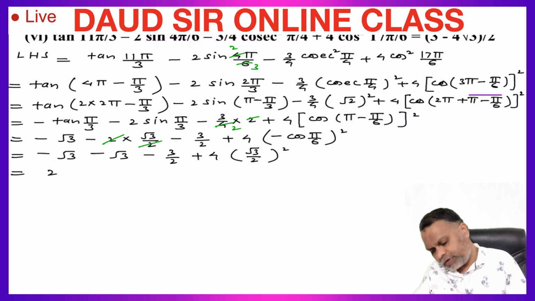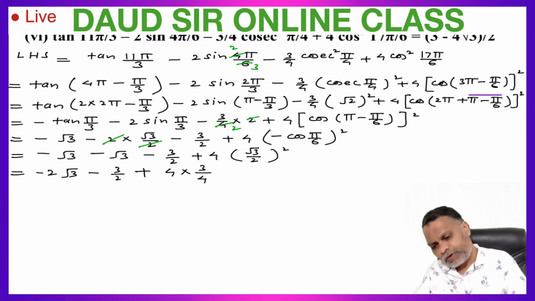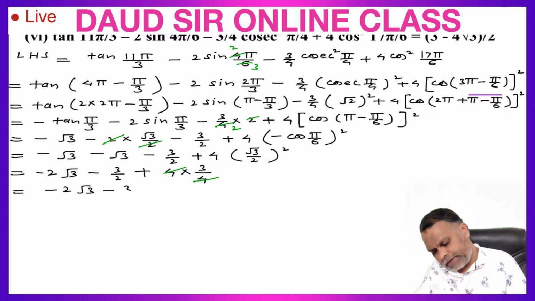minus root 3, minus 2 times root 3, minus 3 upon 2 plus 4 into root 3 square, 3 and 2 square 4. This 4 cancelled, minus 2 root 3, minus 3 upon 2 plus 3.